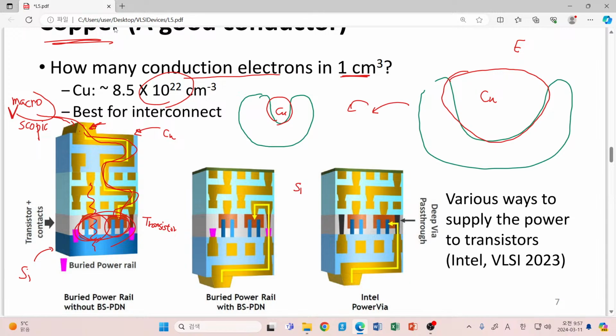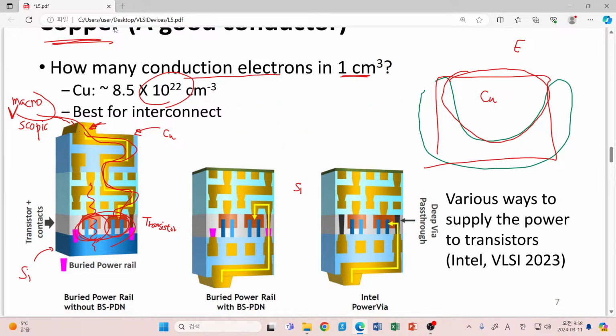Previously we had a wide enough interconnect, and now we have quite a much scaled interconnect. The portion of copper, a good conductor, is reduced significantly. So although we are using copper interconnect, it is difficult to find a sufficient amount of copper. That's the reason why we wanted to introduce a different interconnect material.